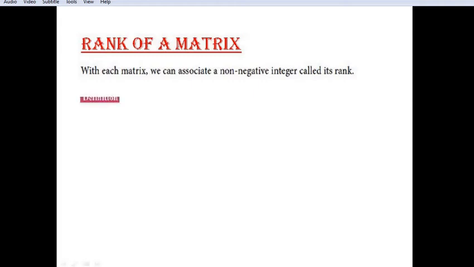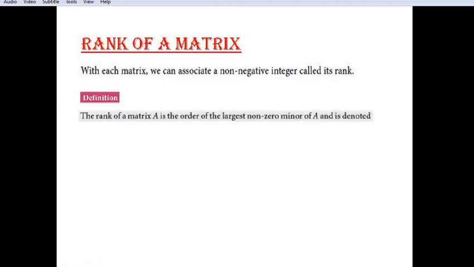This is another definition we have. The rank of matrix A is the order of the largest non-zero minor of A and is denoted by ρ(A). So the rank of a matrix can be fixed by its order: the matrix whose determinant is non-zero, then its order is known as the rank of the matrix.